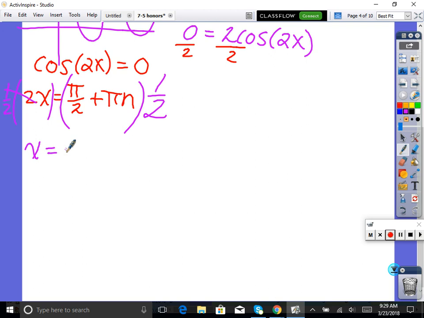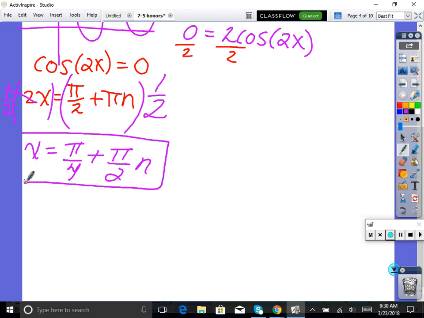So x is equal to pi fourths and then plus pi halves n. There's our zeros. Good point, good reminder. We need to add in our n, it belongs to the integers, he's saying. N belongs to the integers.